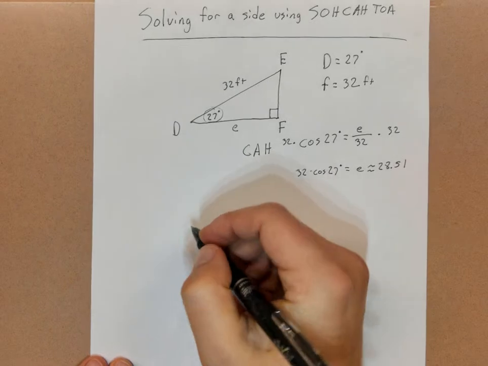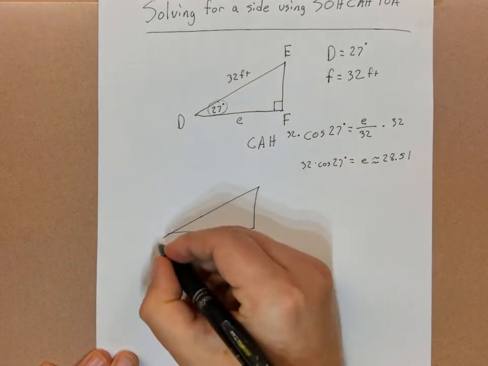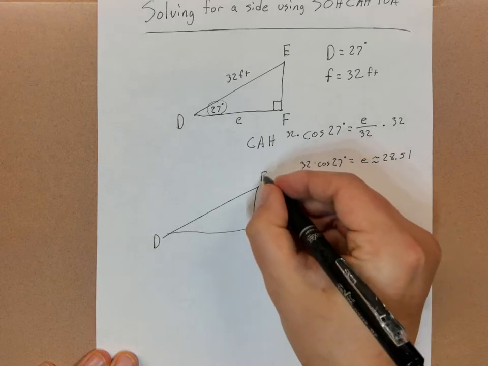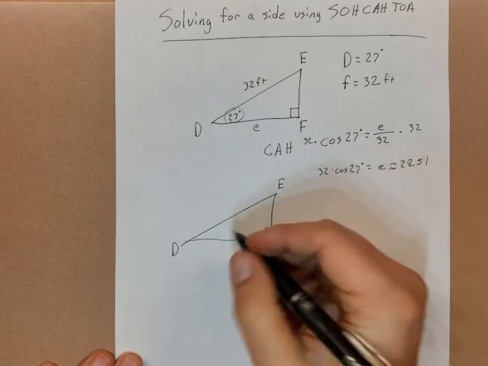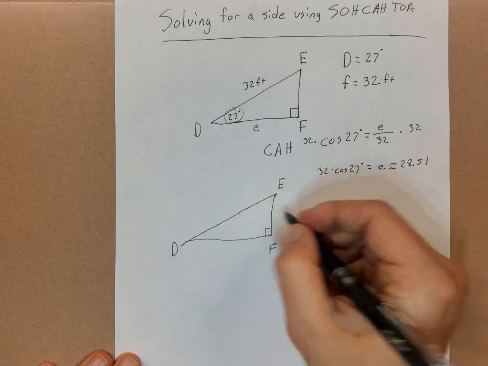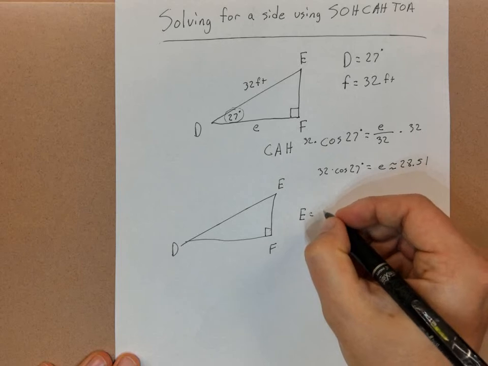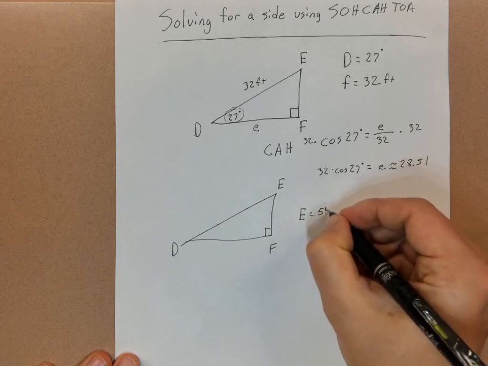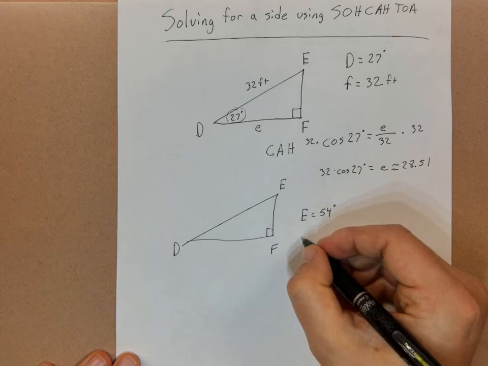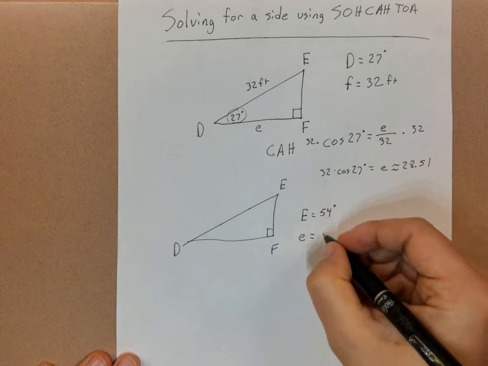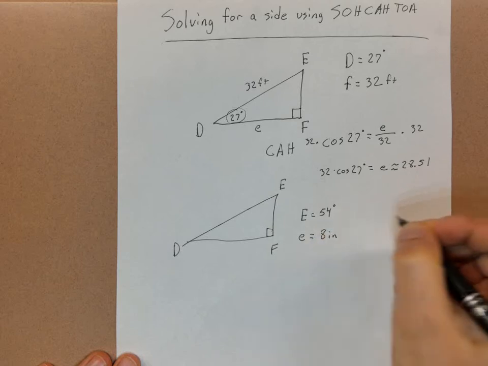One other example that I'll do is, let's say we have a similar triangle, D, E, F. Only now instead, let's say that angle E is, we'll say 54 degrees, and we'll say that little e is 8 inches.